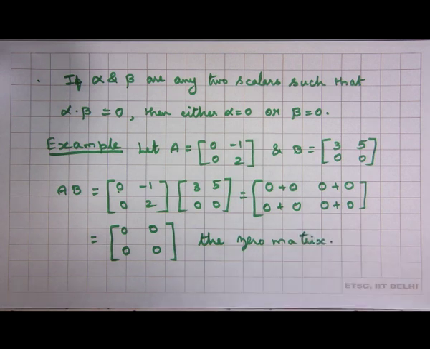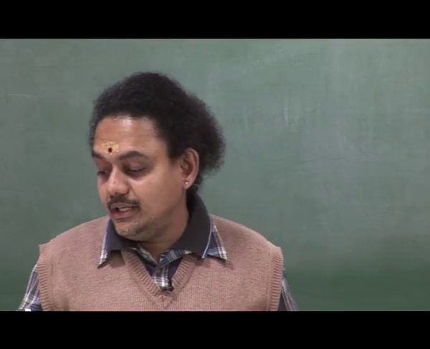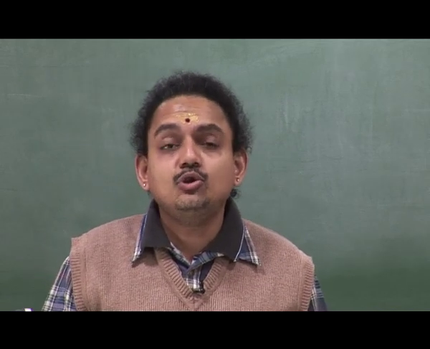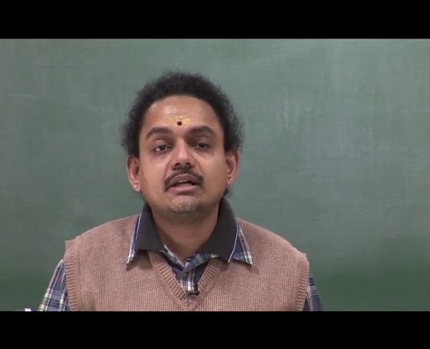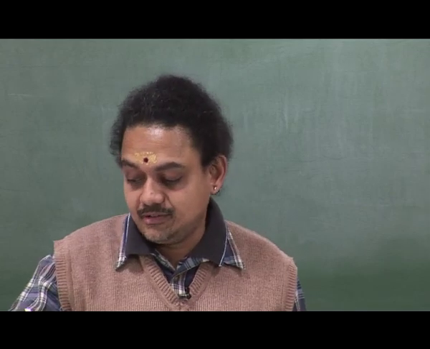So, matrices, although they look as if they behave like real numbers or complex numbers, have their own set of properties, that is they are highly non-commutative, and similarly even if you have two non-zero matrices, their product can lead to the 0 matrix.